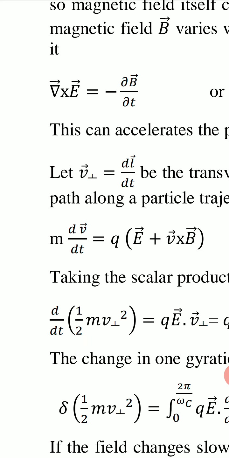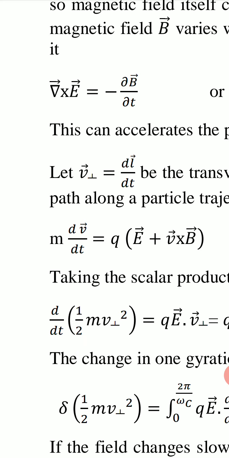This equation shows that a time varying magnetic field will produce an electric field. Electric field E is produced because magnetic field B varies with time t, and del cross E is equal to the negative of the time derivative of B.